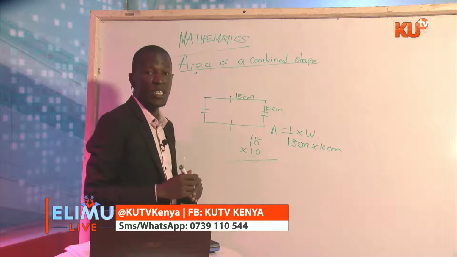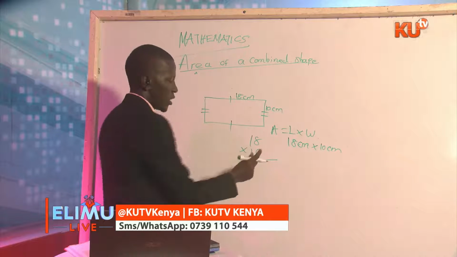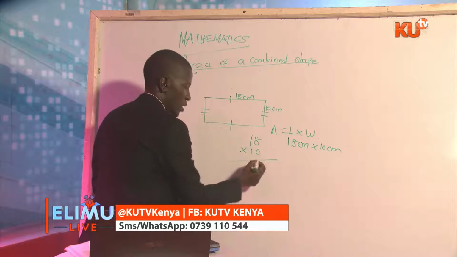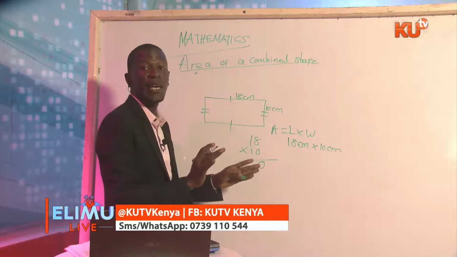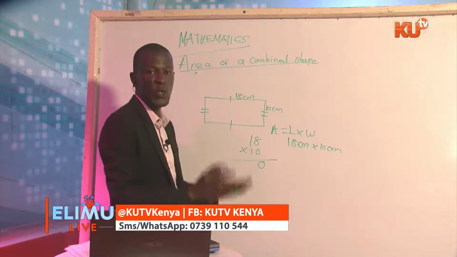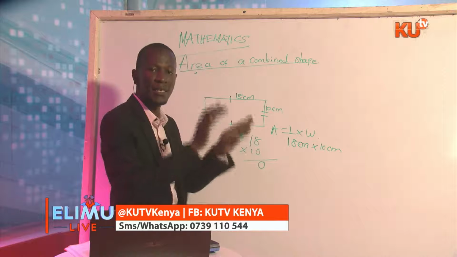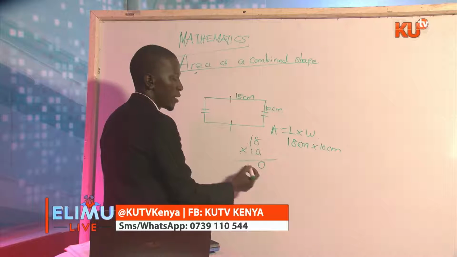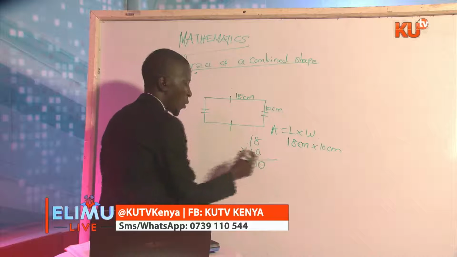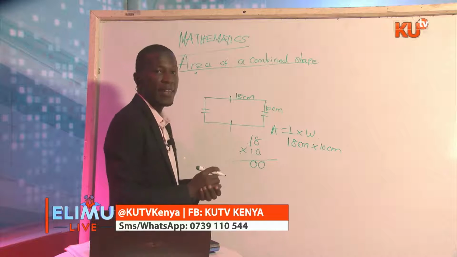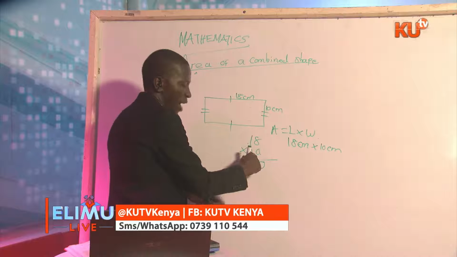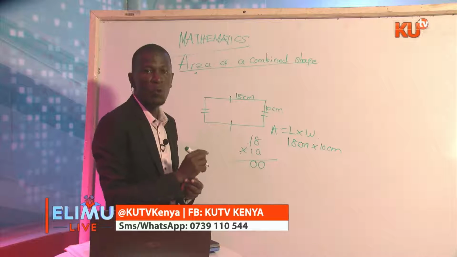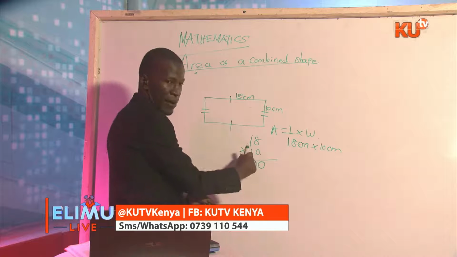So we start with digit 0. 0 times 8 is equal to 0. Anytime you're multiplying any number with 0, the answer is always 0. 0 times 1 is equal to 0. Having done that, we are done with the first digit in the number 10. So we move to number 1.